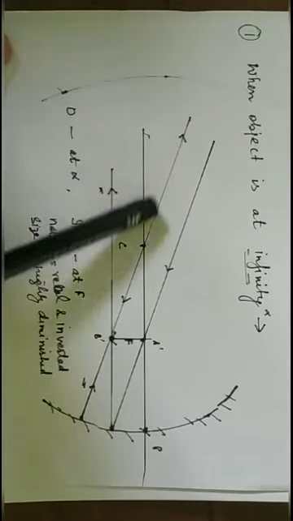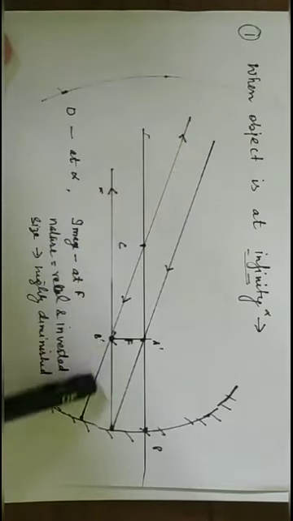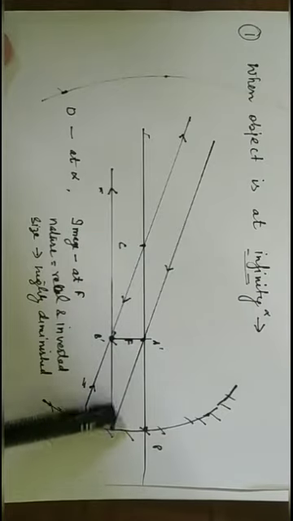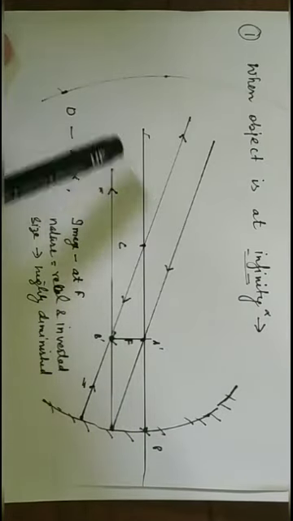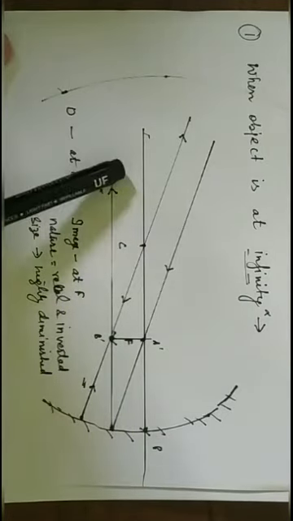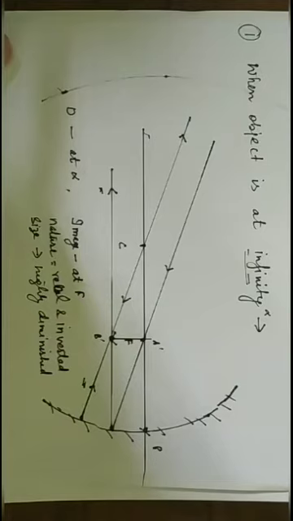First ray passes through center. Any ray which passes through center will trace back. And the second ray passes through principal focus. Any ray passing through principal focus will become parallel to the principal axis. These two reflected rays are meeting at this point and it forms an image. Here the image is formed at principal focus. So this is your image.